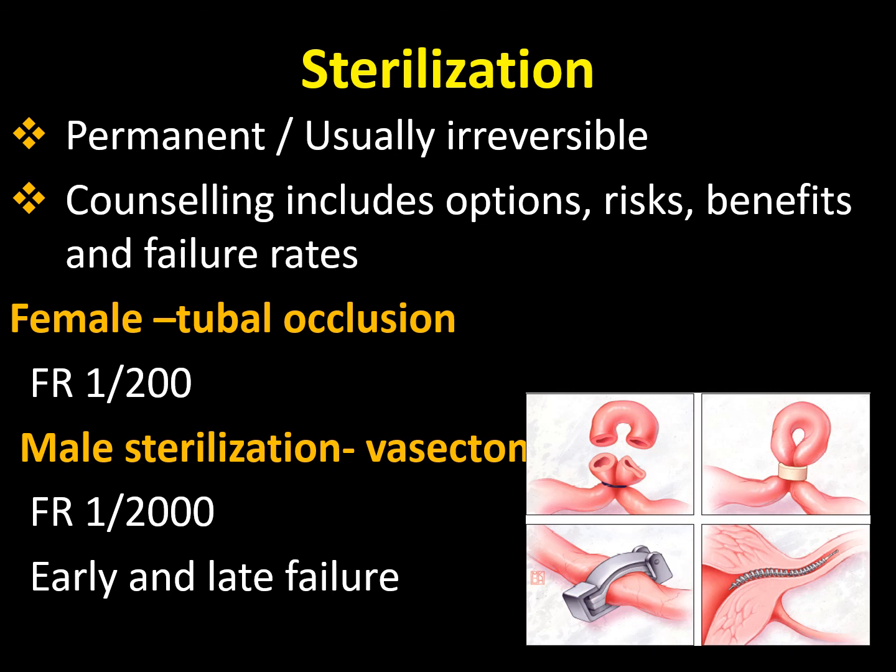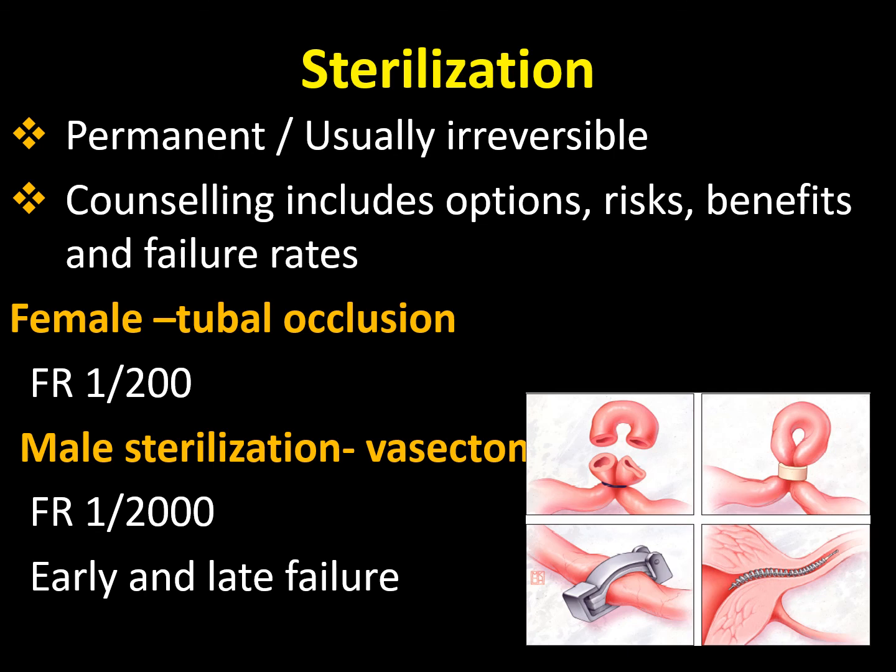Male sterilization or vasectomy involves occlusion of bilateral vas deferens. The lifetime failure rate is 1 in 2,000, which is much less than the failure rate of female sterilization. This is a simple procedure, can be done under local anesthesia, no scalpel technique, but you need to remember that sterilization with this procedure is not immediate.